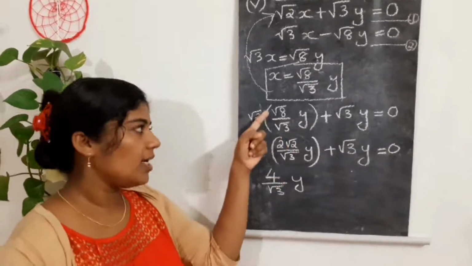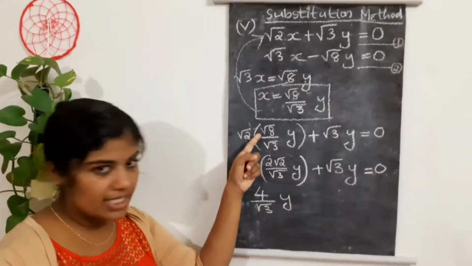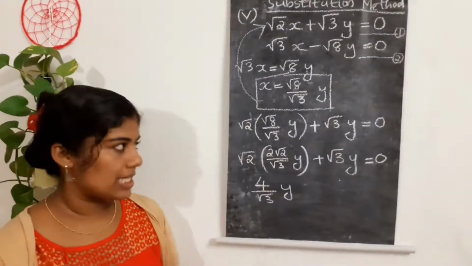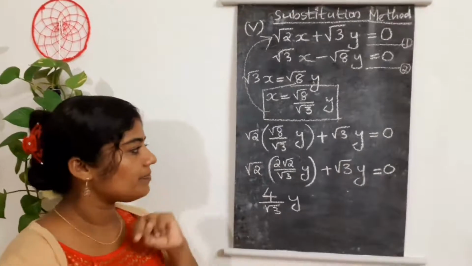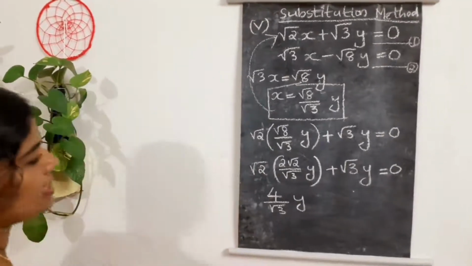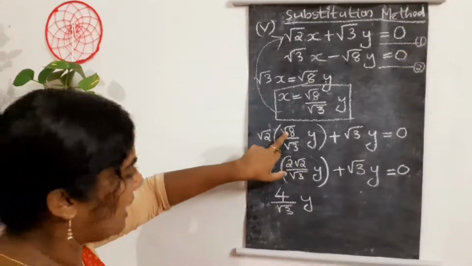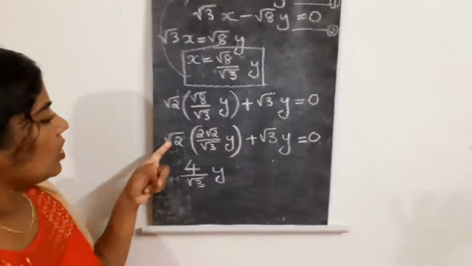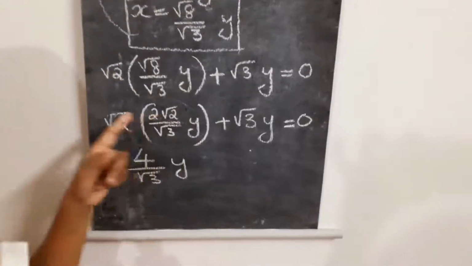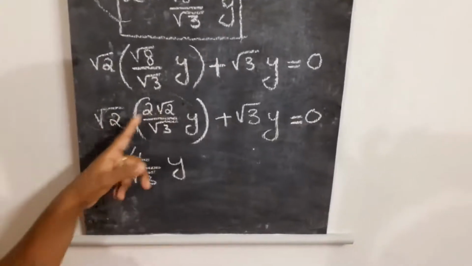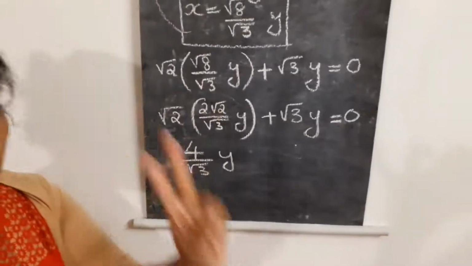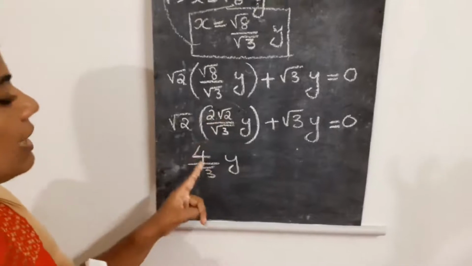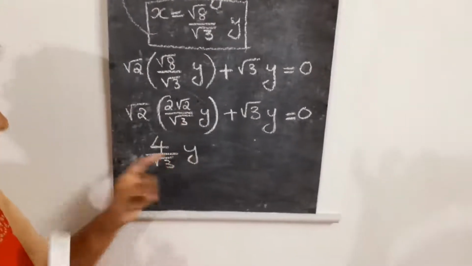Here root 8 is 2 root 2, as I said. I wrote root 8 as 2 root 2, then multiplied root 2 into root 2 to get 2, then 2 into 2 gives 4, so 4 by root 3y.